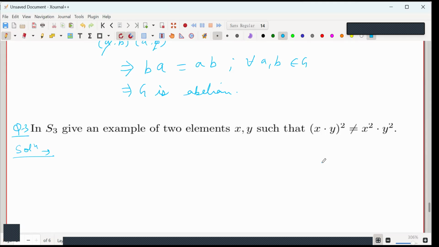A hint is, one such pair is when you take X to be an order 2 element and Y to be an order 3 element. Even if you take both to be distinct order 2 elements, then also I think this should work.